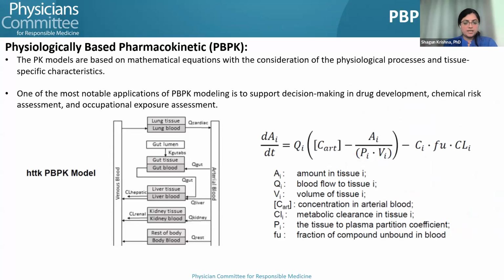So it looks very complicated. As I mentioned, PBPK models are a series of mathematical equations where we utilize different parameters. And here you can see that we have utilized a compartment model. The body has been divided into different sections like lung, gut, liver, kidney, and remaining body. I know it seems very complicated, and actually it is, but you don't have to worry at all because we have a solution.